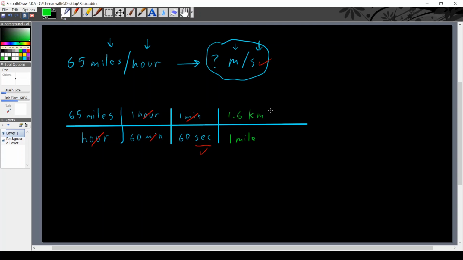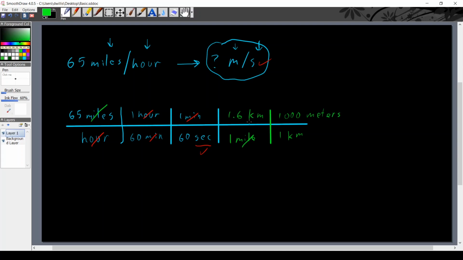All right, and so our miles, now it doesn't matter that it's all the way over here and all the way over here, they are still on opposite sides of the fraction dividing line, and so they will still divide away. So 1.6 kilometers, and then I need to get that into meters. So 1 kilometer is equivalent to 1,000 meters.